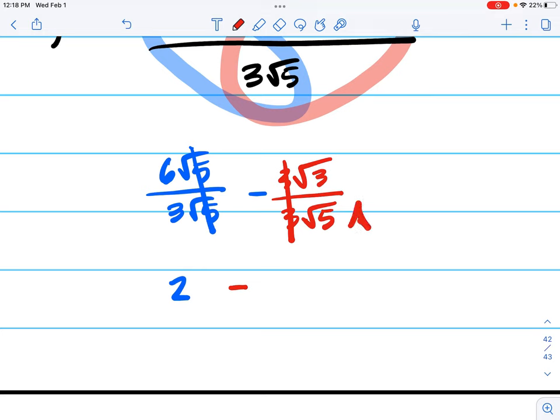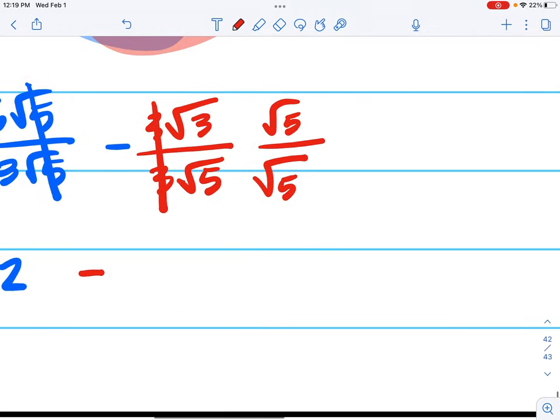You're not allowed to have radicals in the denominator, so the way you fix that is you just multiply the numerator and the denominator with whatever's in the denominator. So for instance, this is root 5 in the denominator, we multiply by root 5 over root 5. The reason why we do this is because 5 times 5 is 25.